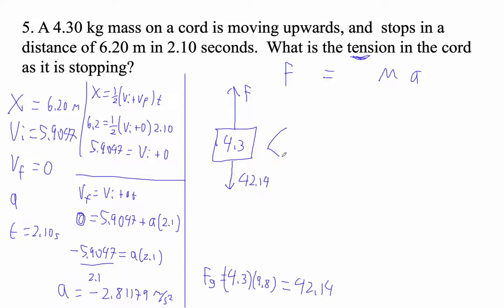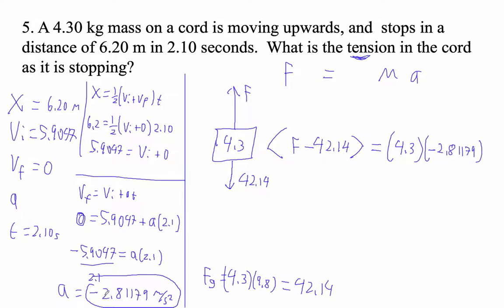All right, so now we're all set. Unknown force minus 42.14 is equal to 4.3. And then I'm going to use this acceleration, times negative 2.81179.